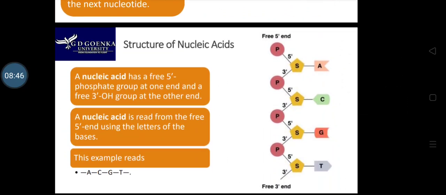A long chain nucleic acid has a 5 prime phosphate and a 3 prime OH group free at its ends, and a nucleic acid is read from the free 5 prime end using the letters of the bases, like A, C, G, T. Accordingly we can name the nucleic acid components.